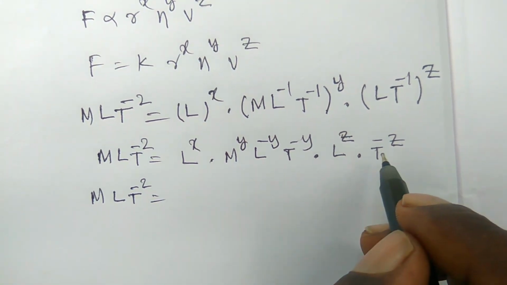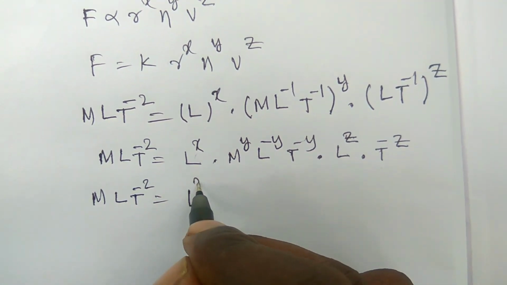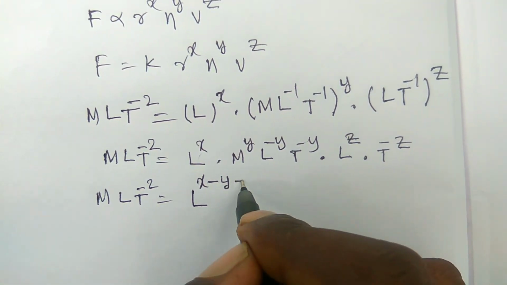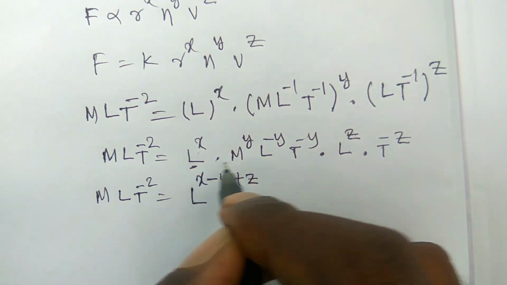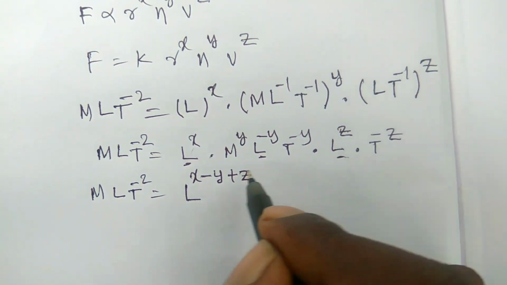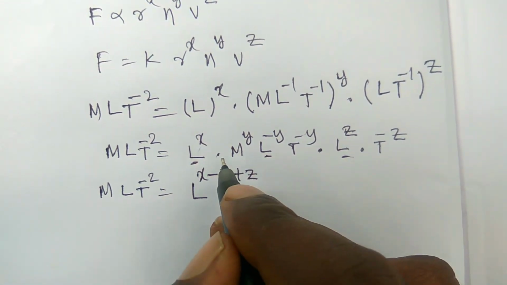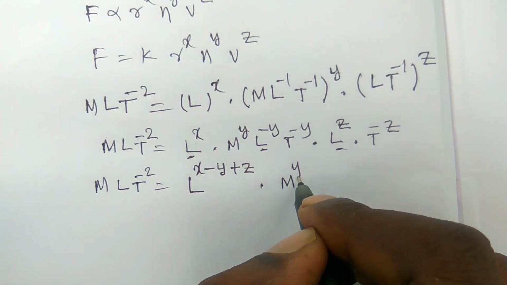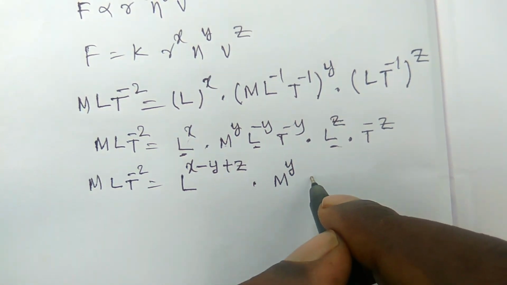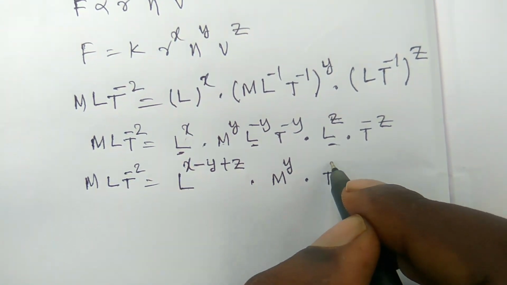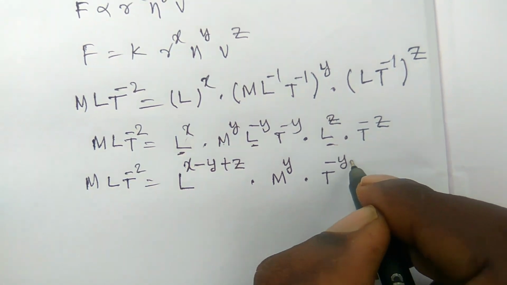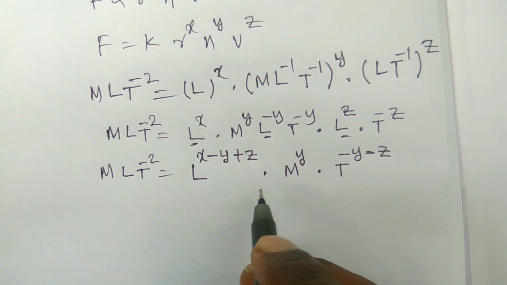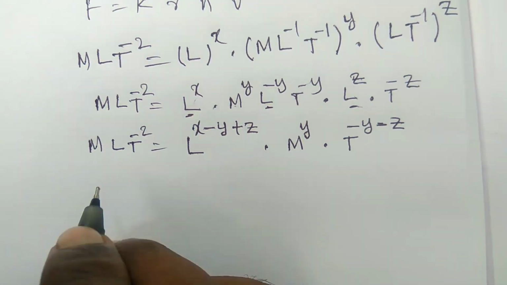If bases are equal, powers will be added. L power x minus y plus z. So this is L and this is L and this is L. The powers will be added in the multiplication. And M power y, so here there is only the M, and T power minus y minus z.